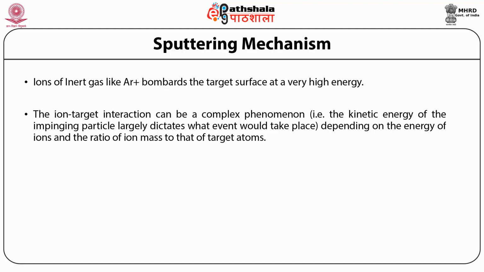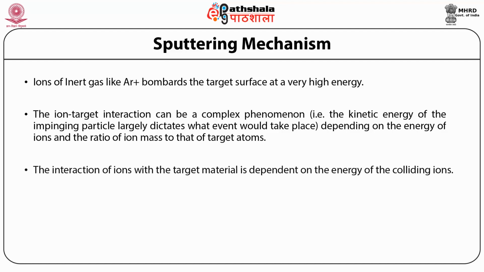So, depending on the energy of the ions and the ratio of ion mass to that of target mass, the interaction of ions with the target material is dependent on the energy of the colliding ions.